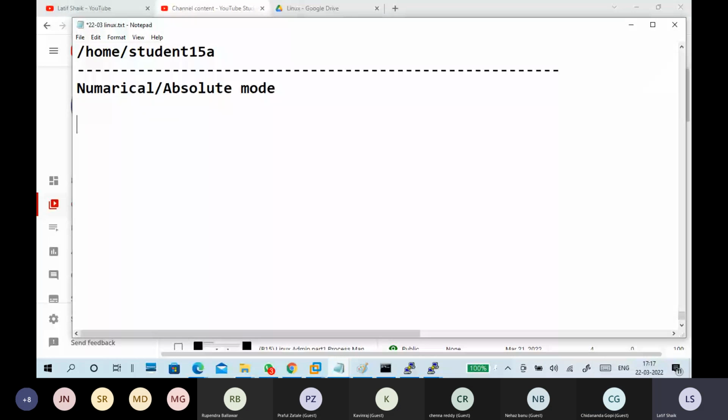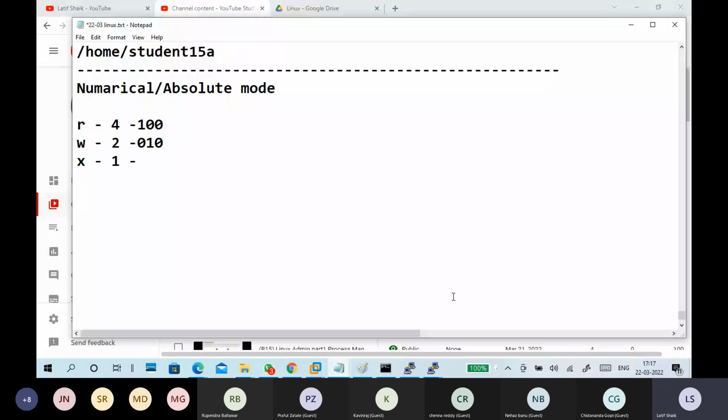Whatever it is, guys, it is very simple. Permissions are always the same: read, write, execute. The number for read is 4, write is 2, execute is 1. The meaning in binary is 100, 010, 001.